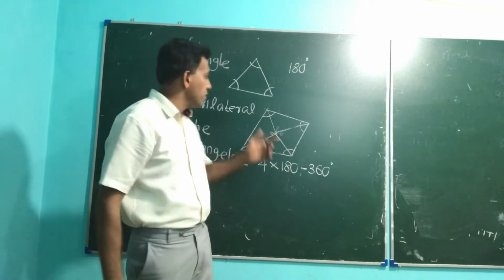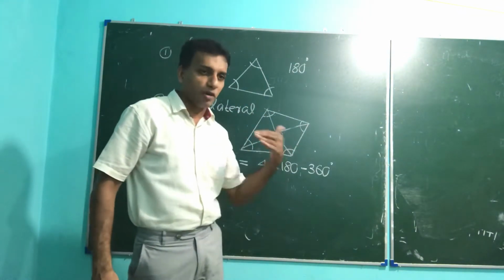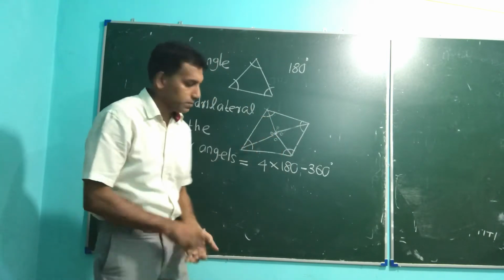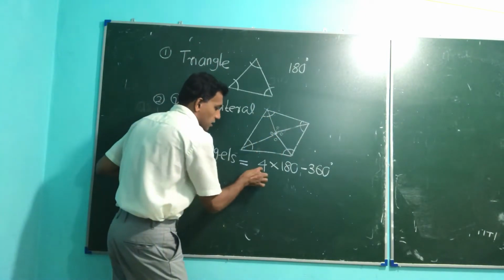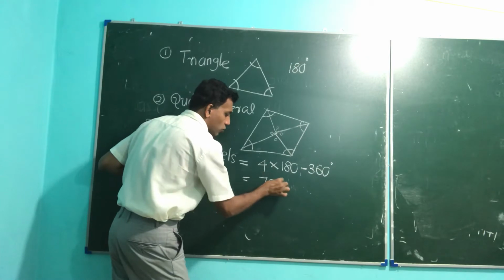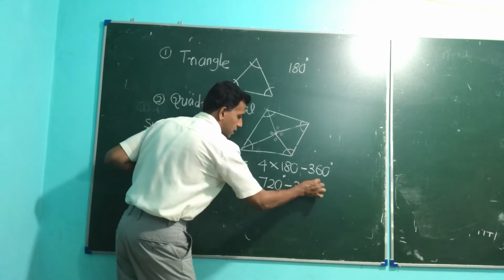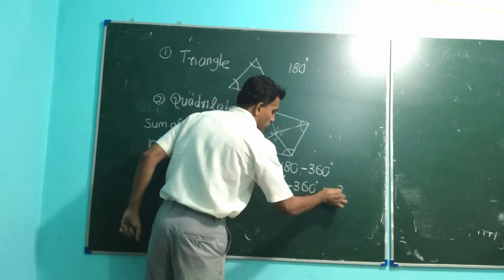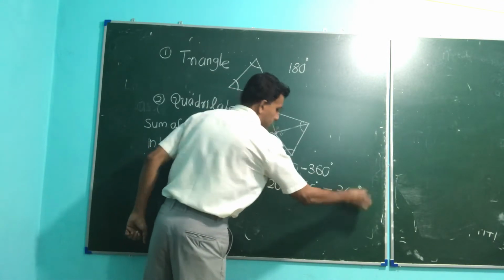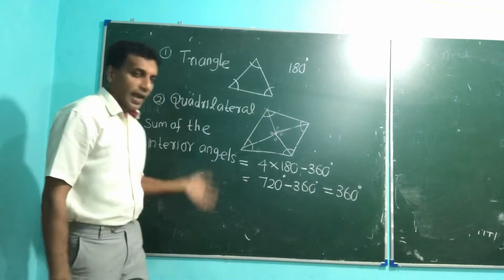So try to understand this. Every problem, every figure we work, then you will be familiar with this. So what is the answer? 720 degrees minus 360 is 360 degrees. This you learned in grade 8 also.